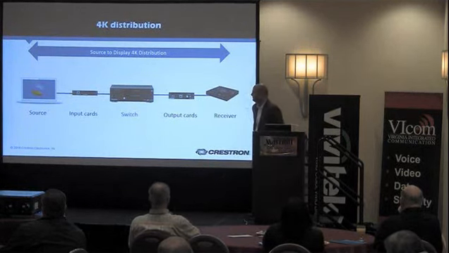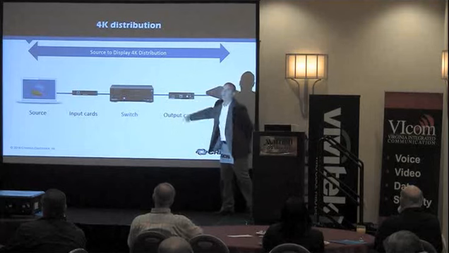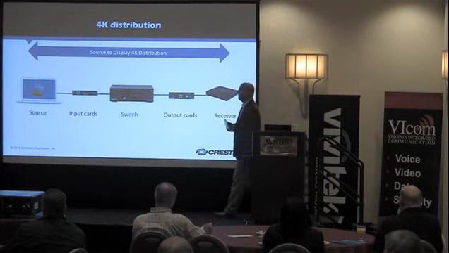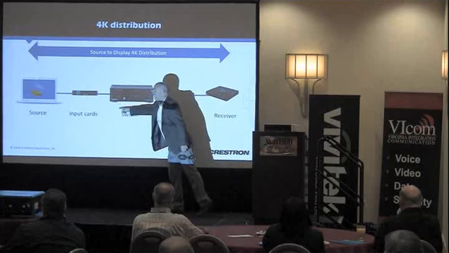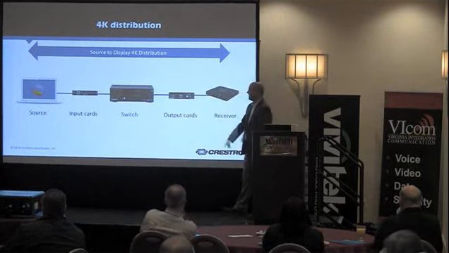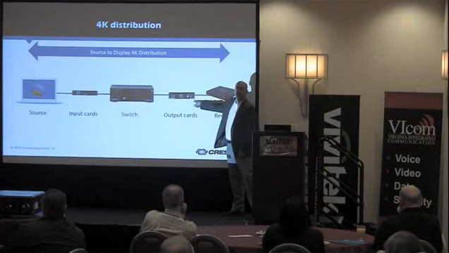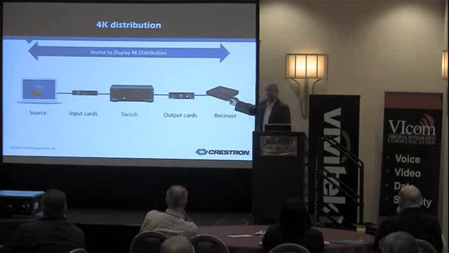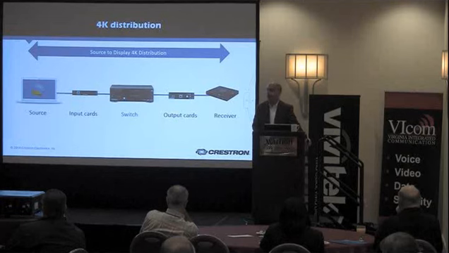On the output side of things, I've got a 4K output card. So if you do have 4K content, I've got the transmitter today that will support it, but more importantly, most of you may run into the output side first. So I've got the 4K output card, and a 4K receiver that simply replaces the traditional Crestron digital media receiver you may already have there.